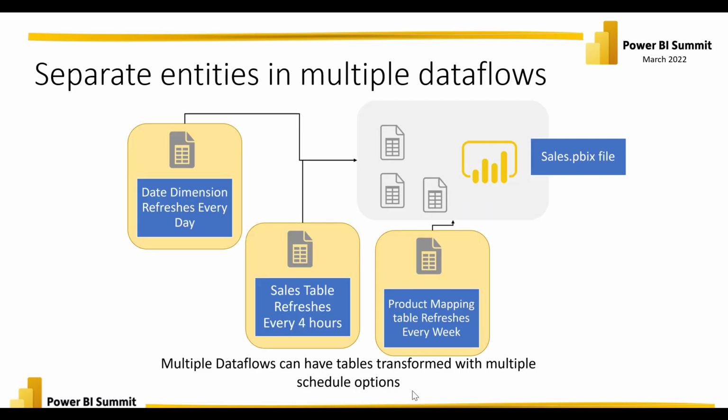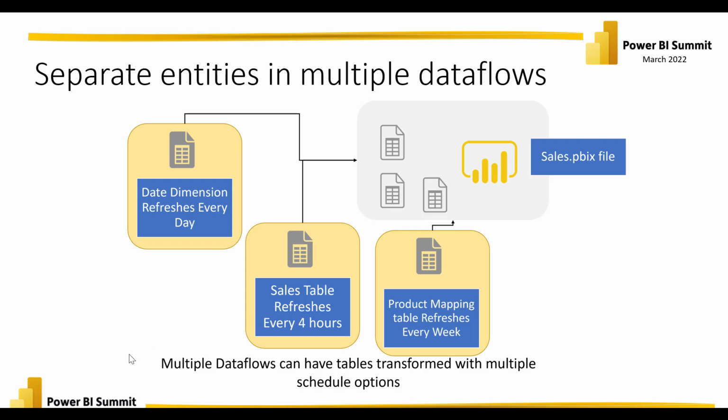Separating the data ingestion and the data transformation data flows, the staging and the transformation data flows, that we talked about earlier. Another good reason to have entities in multiple data flows is when you want a different refresh schedule than the other tables, which we saw in the use cases.